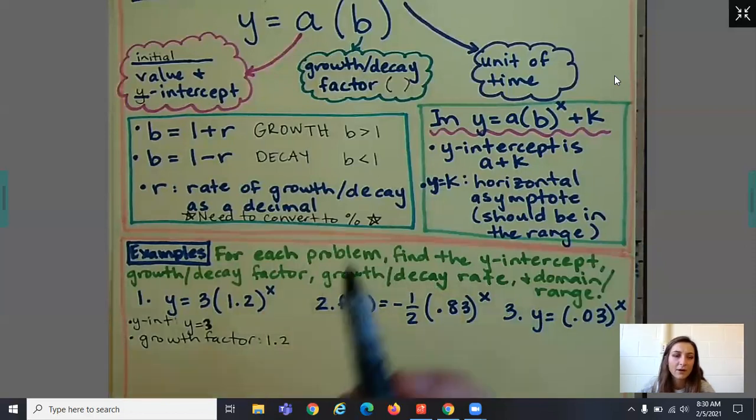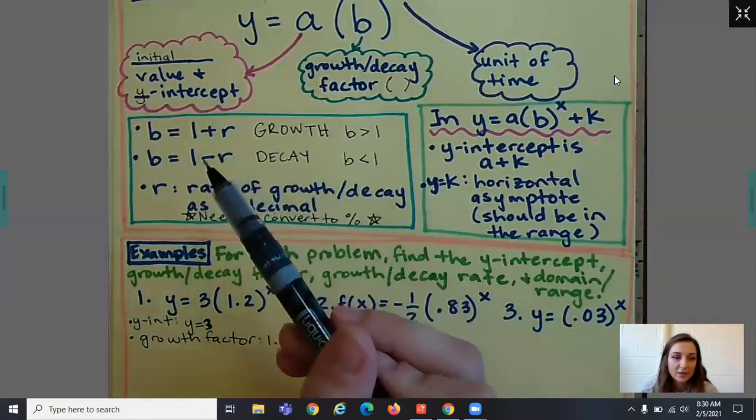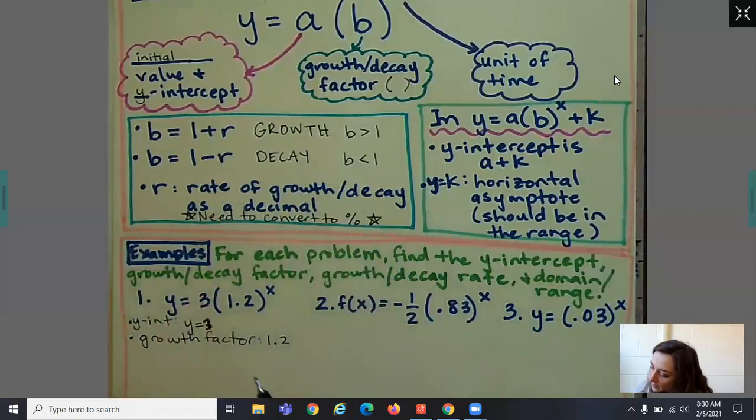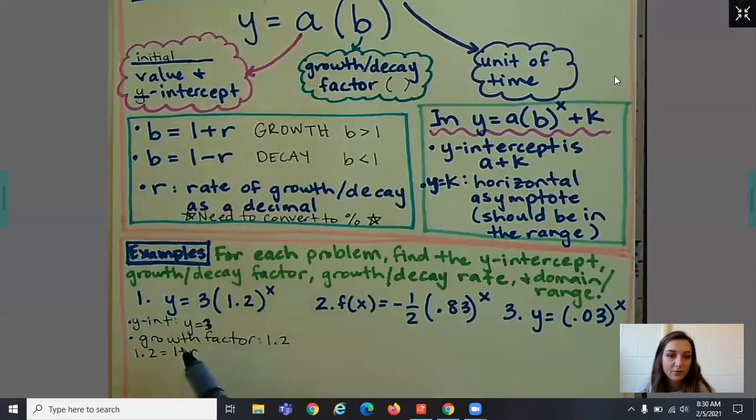So the growth or decay rate, we are going to have to solve in this formula right here. So we have b, which is 1.2, equals 1 plus r, because we're looking at a growth. So if we're going to solve for r here, the only thing keeping us from having r by itself is this 1. So I'm just going to subtract 1 from both sides.